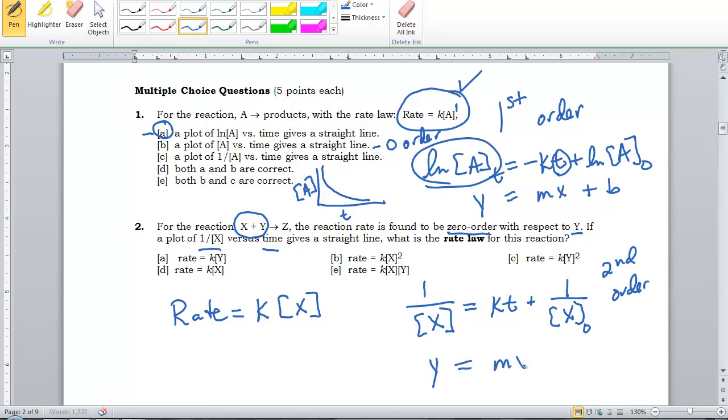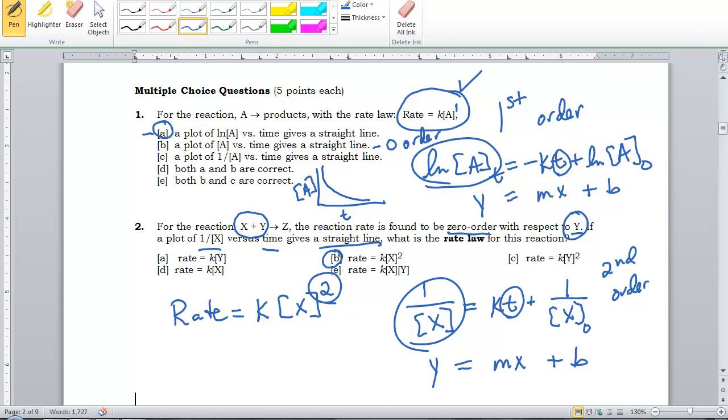Y equals mx plus b. So a plot of y versus x, 1 over concentration versus time, if it's second order, we should get a straight line. And in this case, we do get a straight line making that plot, so it tells us this is second order with respect to x, because you're told it's zero order with respect to y. Correct answer is choice B.